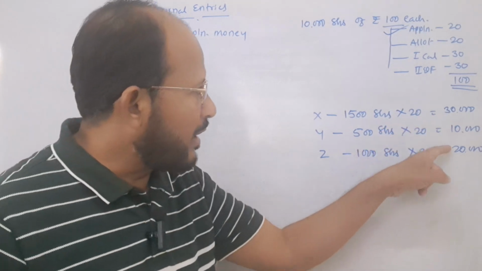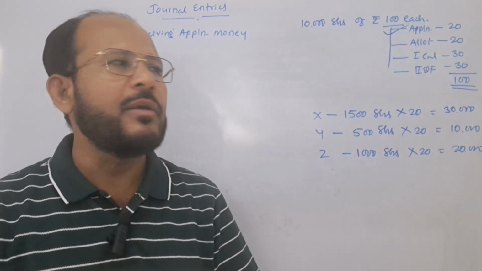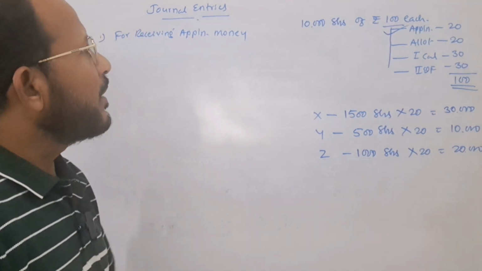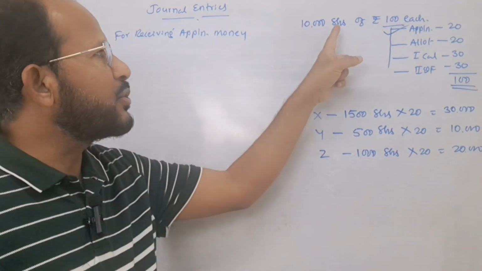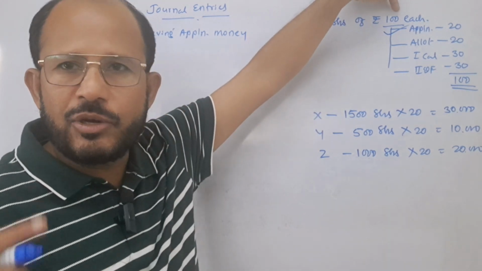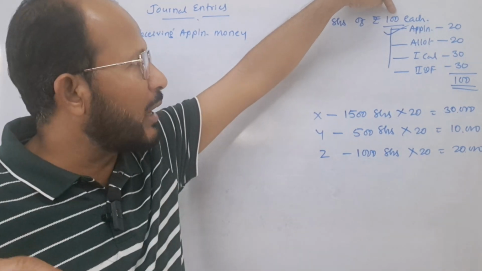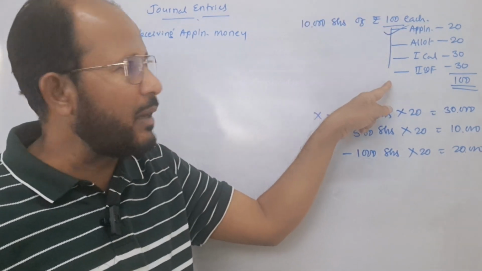This is the way the applicants are required to send the application money along with their applications. Here 10,000 shares are issued by the company and the face value of the share is rupees 100, which the company has decided to collect in 4 different installments.